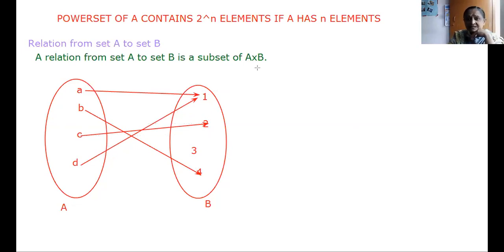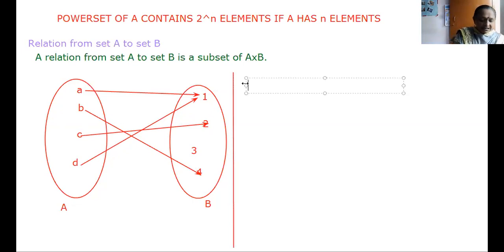How do I write this? So let us go to set notation. All of you are following me? So I'll write the relation as capital R. The notation I follow is capital R equal to, in curly brackets, let us go on writing the ordered pairs. First I write ordered pair (a, 1), since a is joined to 1.